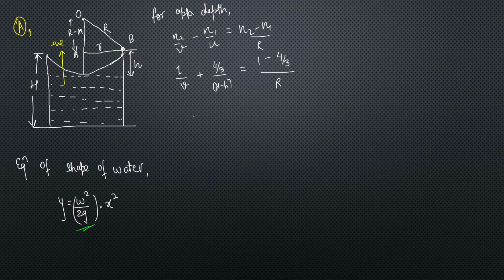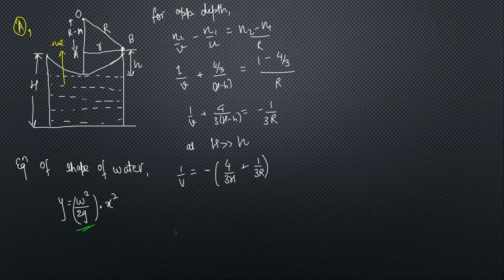So we have 1 by v plus 4 by 3 (H minus h) equals minus 1 by 3R. Now, as capital H is much greater than h, we have 1 by v equals negative 4 by 3H plus 1 by 3R.